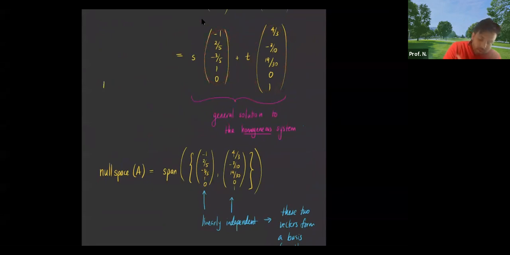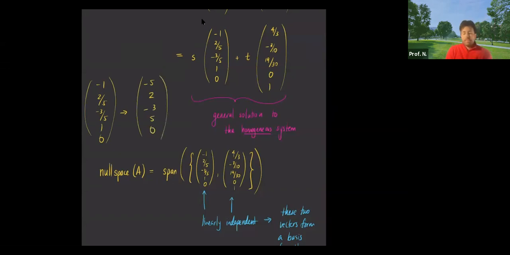Multiply everything by 5, for example, and I get (-5, 2, -3, 5, 0). So this is a non-zero vector that's in the null space of A.